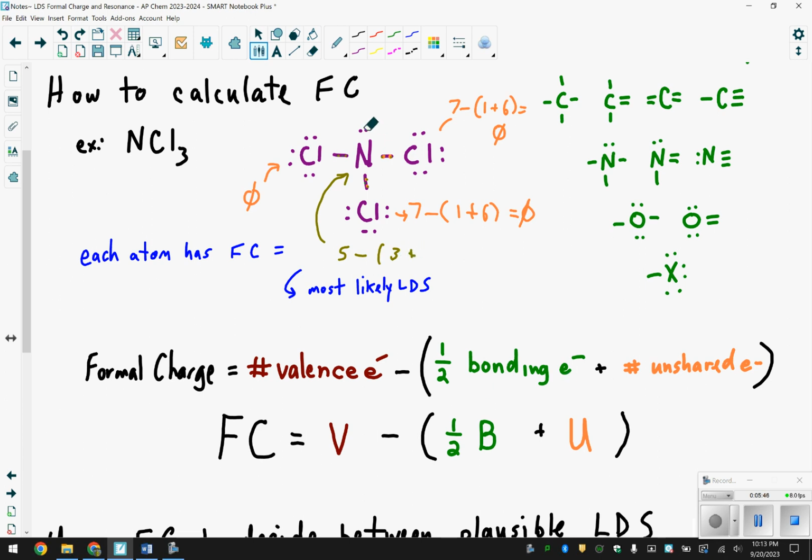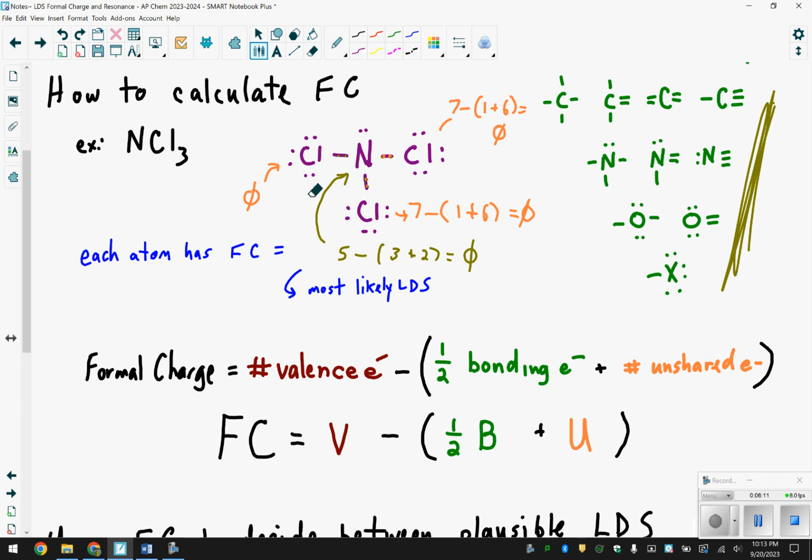And I'm going to add to that, 2 unshared electrons. 5 minus 5 is 0. Now, again, these guys are all typically bonded, and what it turns out is that when elements are typically bonded like these over here, the formal charge in them will be 0.